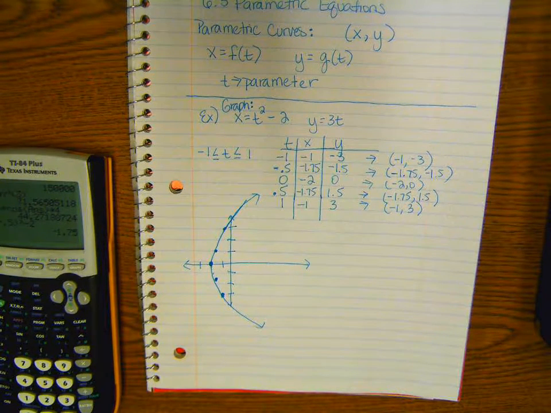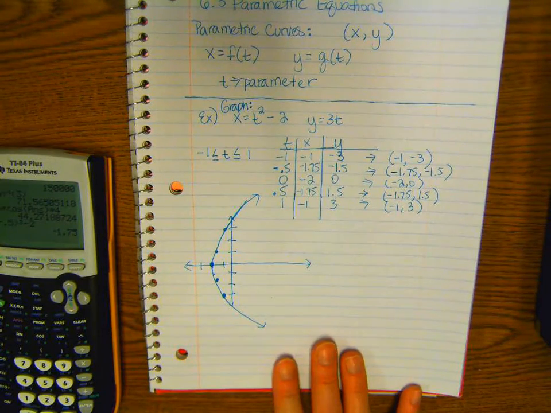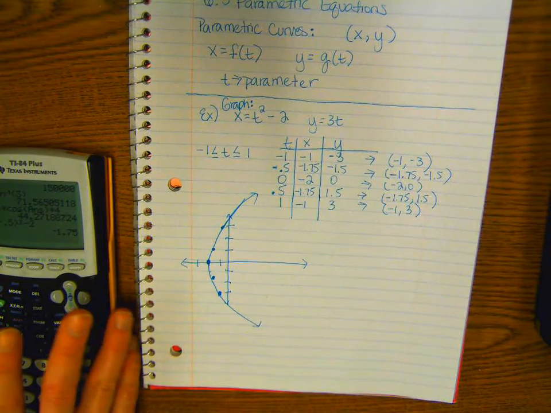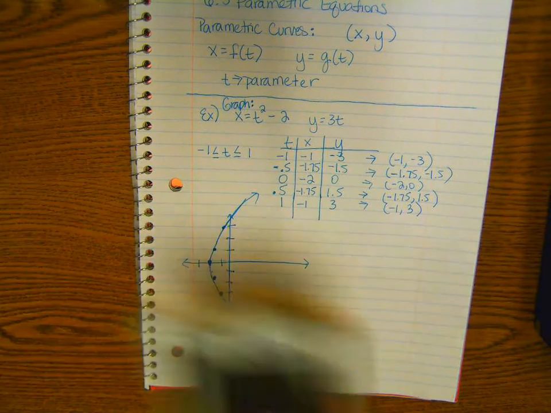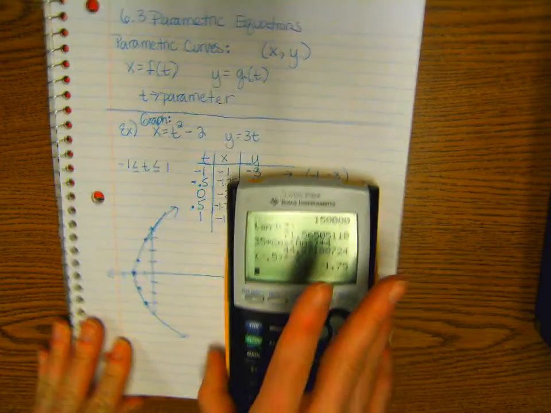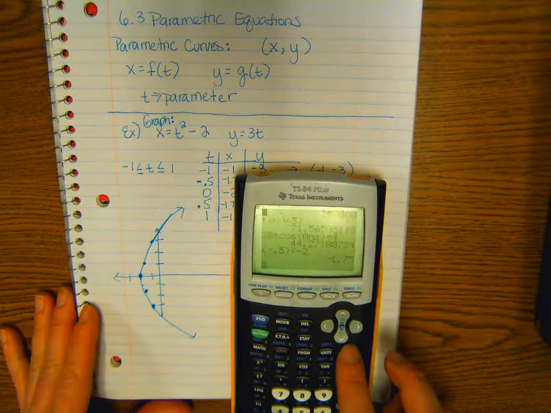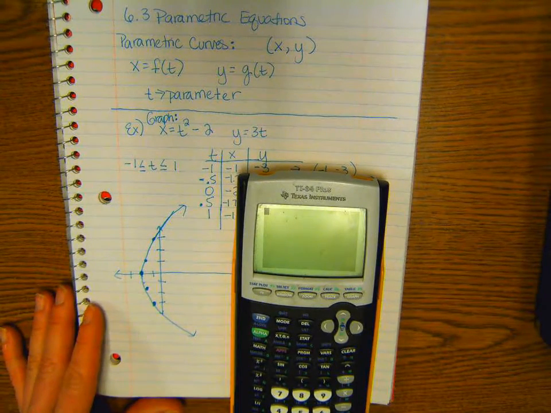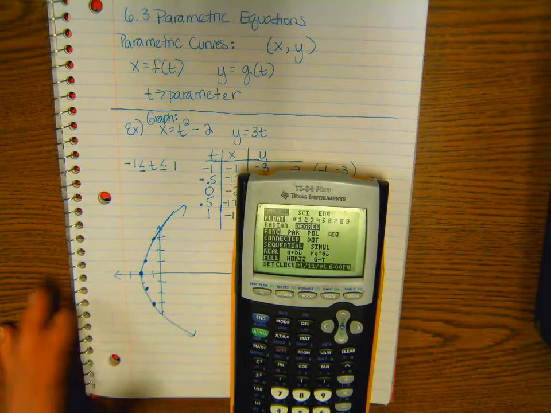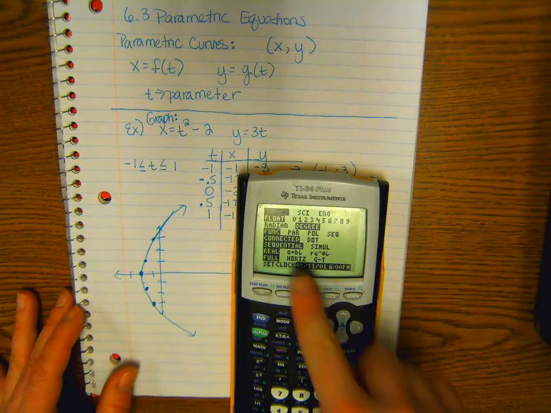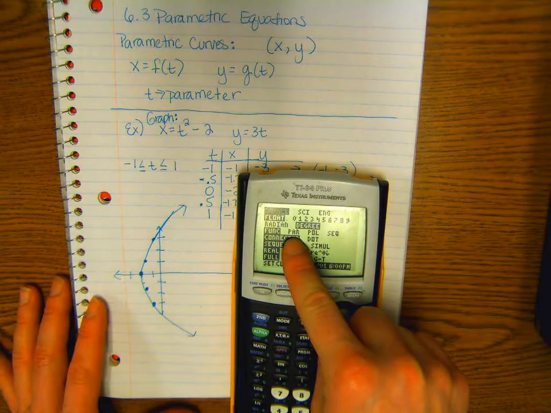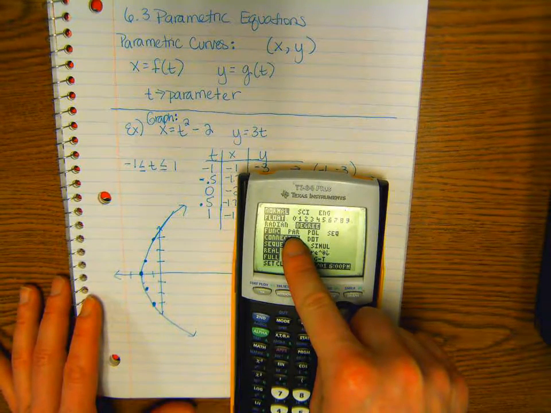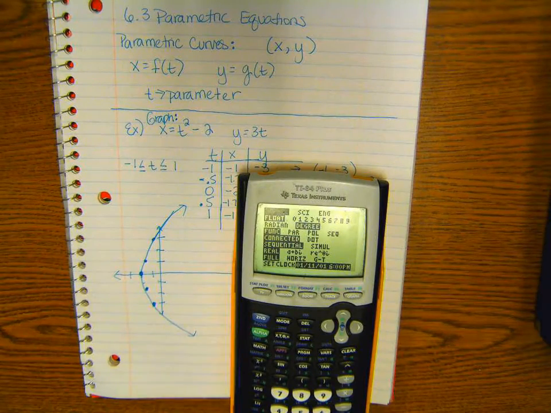So let's talk about putting them in our calculator a second, so you see how that works. If you go to mode, there is parametric mode, and you have to be in parametric mode, because then what your calculator will do is instead of a y equals, it will have an x equals and a y equals, because that's what we need here. So let's go to parametric mode.